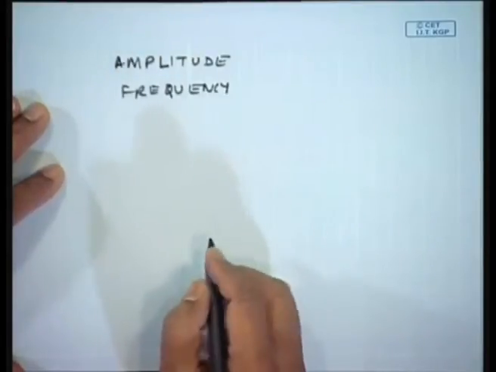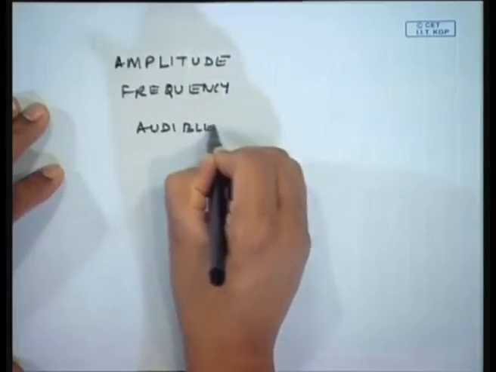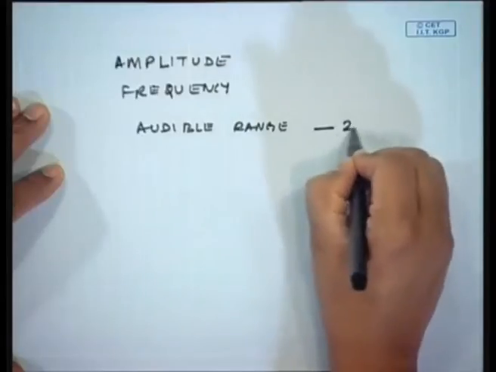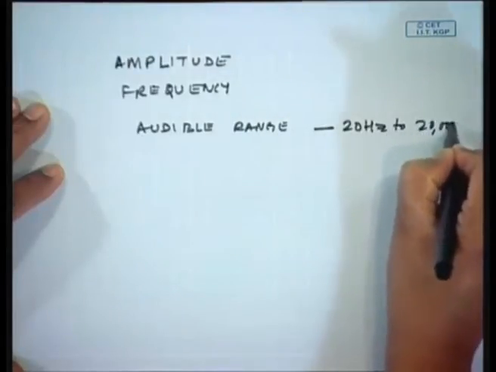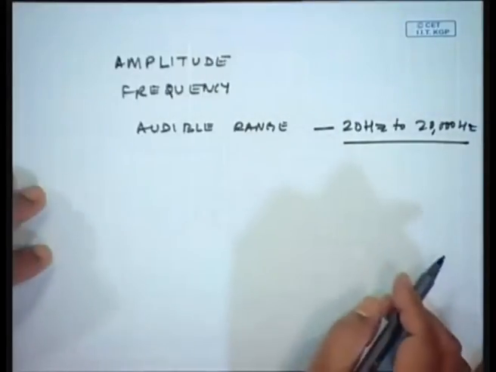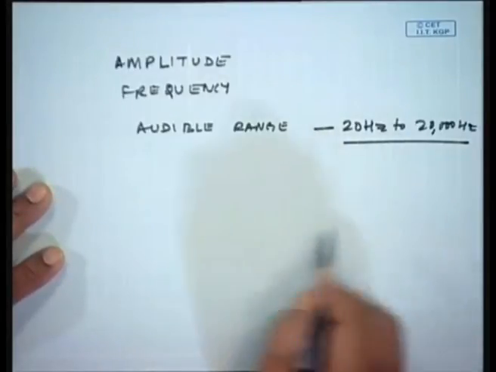So, the human ear has an audible range which is from 20 hertz to 20,000 hertz. So, we can hear any sound which is in this band of 20 hertz to 20,000 hertz or 20 kilohertz.